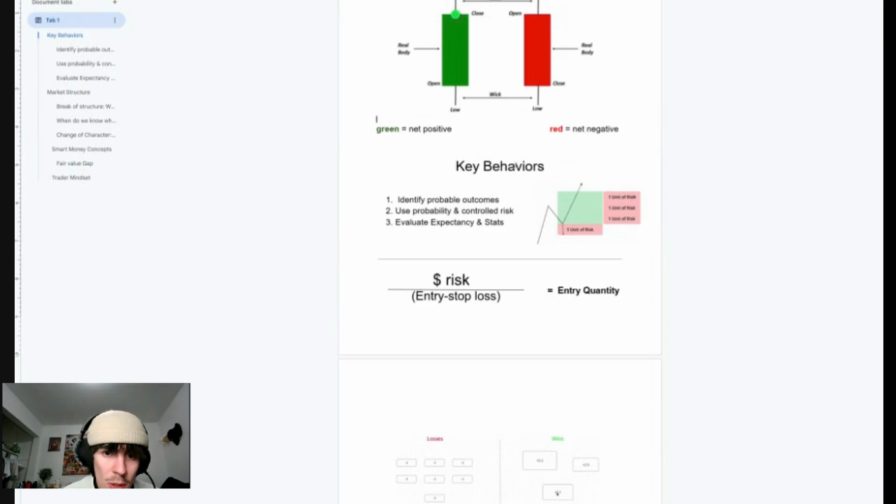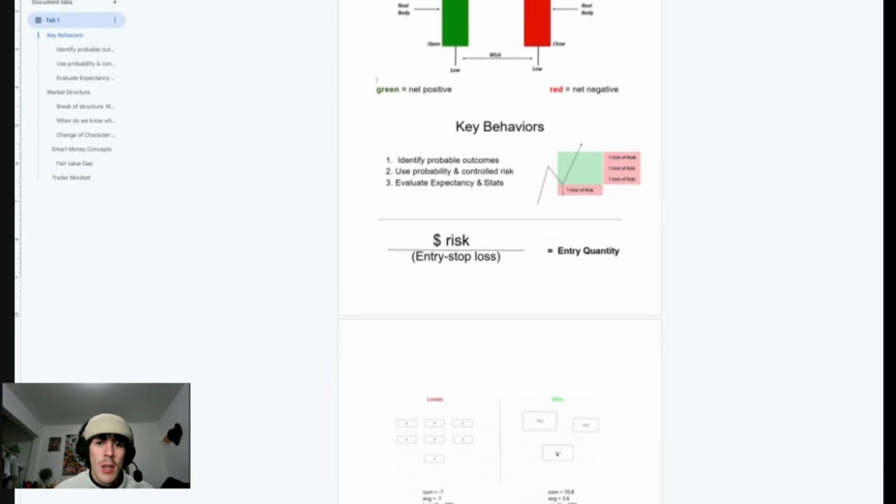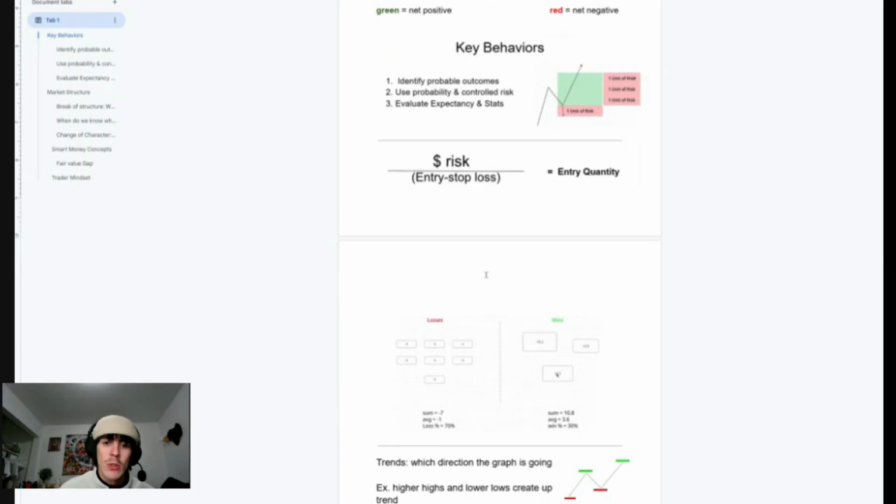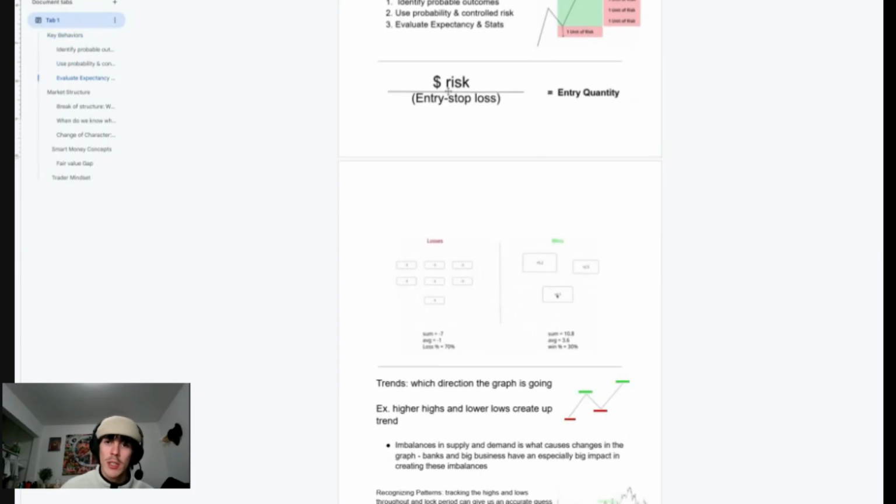So yeah, we're looking at key behaviors for ourselves, good behaviors as a trader, what we should be doing, how we can become profitable as soon as possible. So it's kind of just learning how to calculate our risk, what we should be spending.